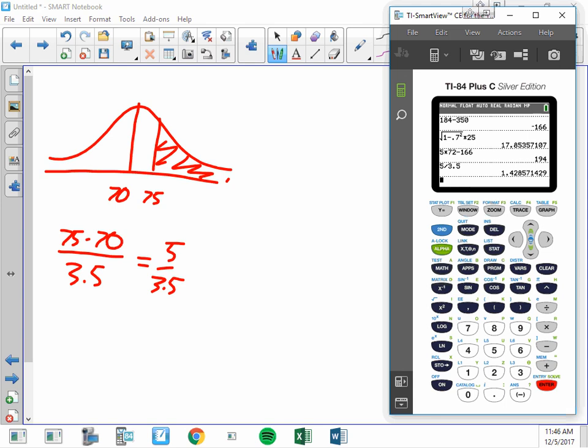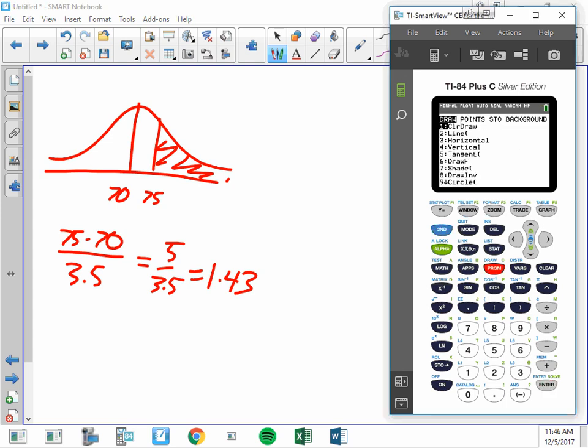And that's my z-score, 1.43. What do I do with 1.43? Shade norm. So clear the draw, and then shade norm, and I'm going to go from, what do I want to type in? 1.43 to 5.